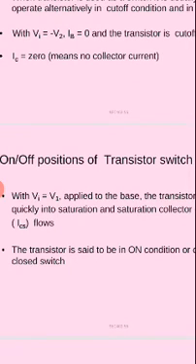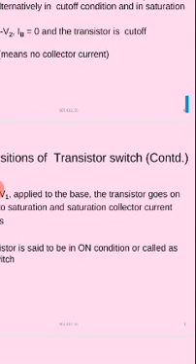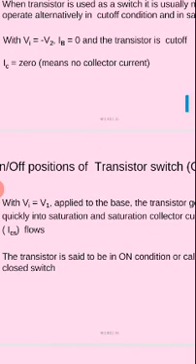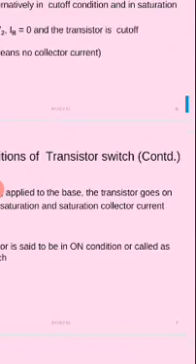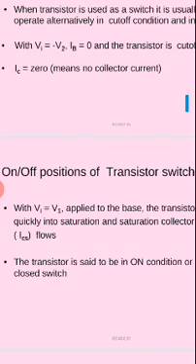When Vi equals V1 applied to the base, the transistor goes quickly into saturation, and the saturation collector current IC flows.